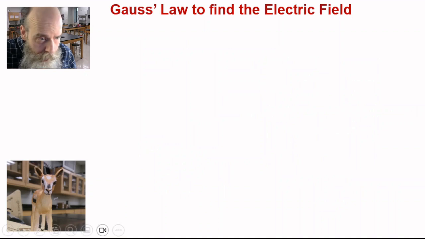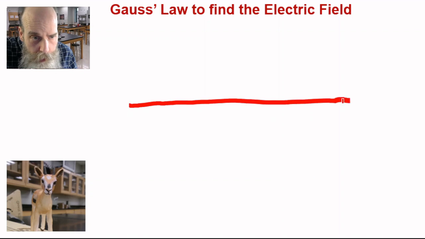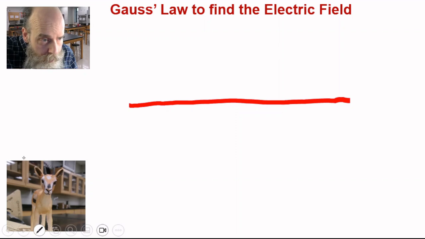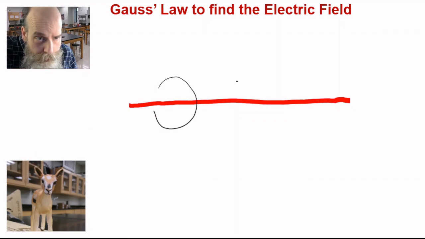Let's come back to our line of charge. So here's our line of charge of infinite length. Here's our Gaussian surface. It's a Gaussian cylinder.